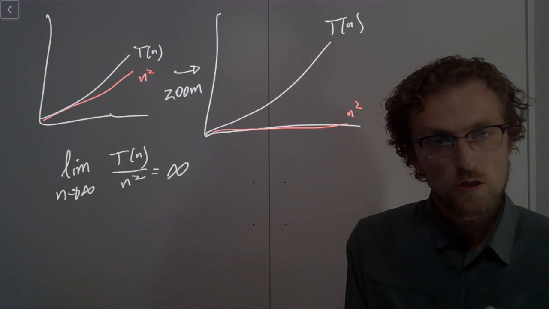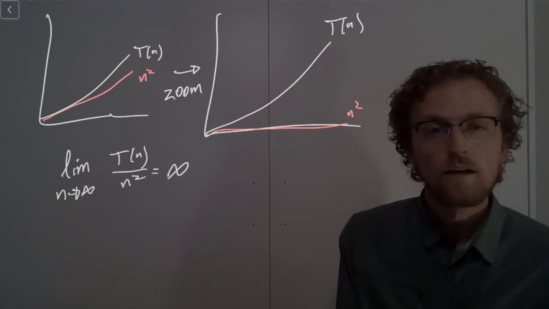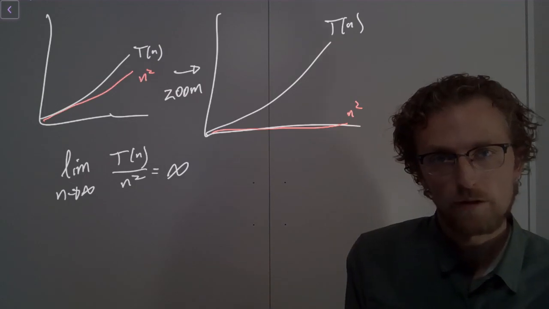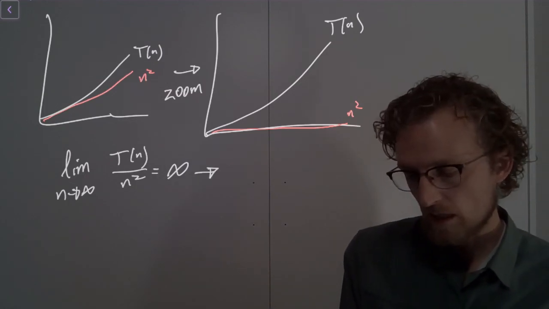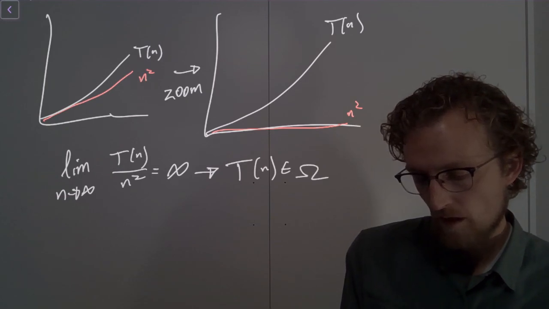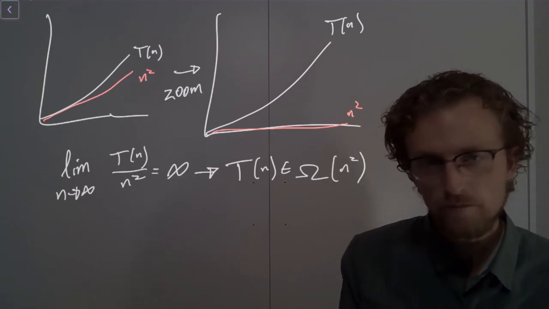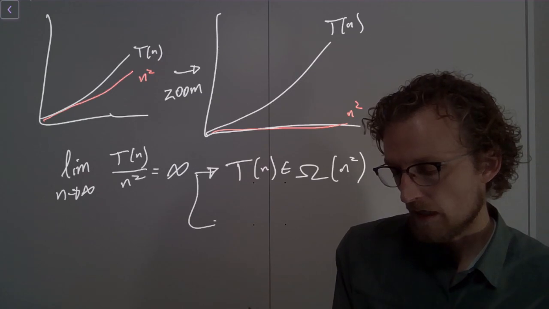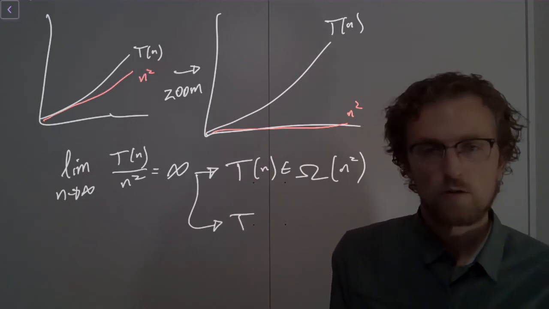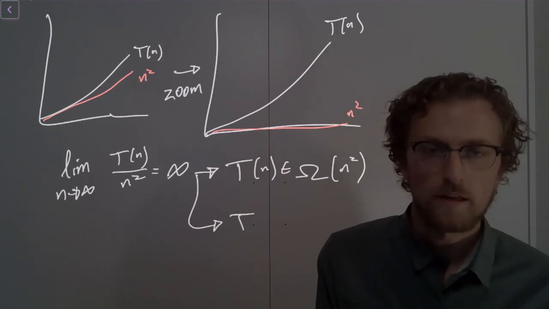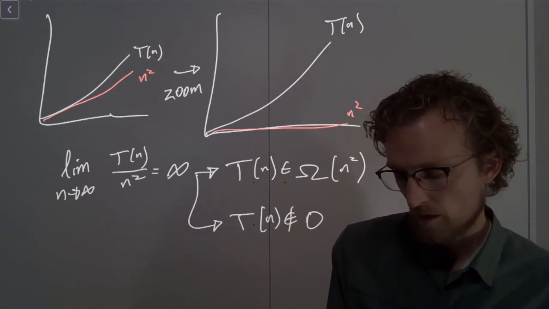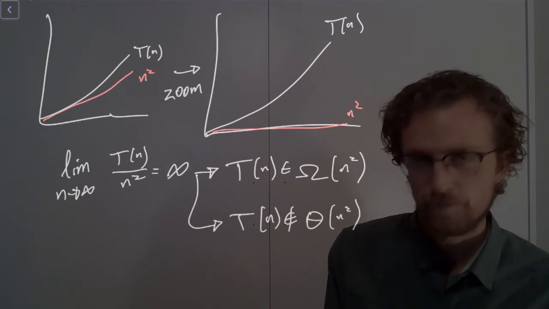And so clearly n squared is an asymptotic lower bound for t of n. So this is to say that t of n is big omega of n squared, and t of n is not big theta of n squared. T of n is greater than n squared, but it is not equal to n squared in an asymptotic sense.